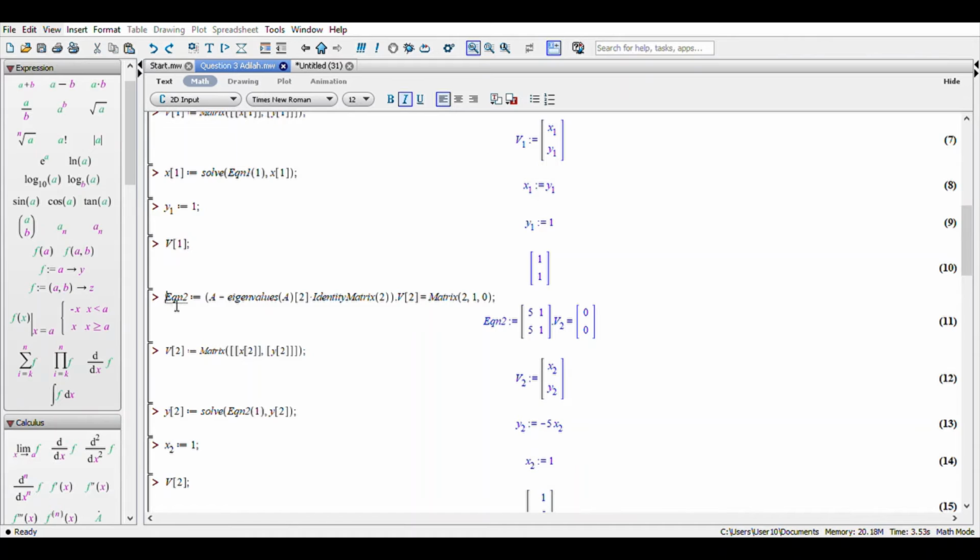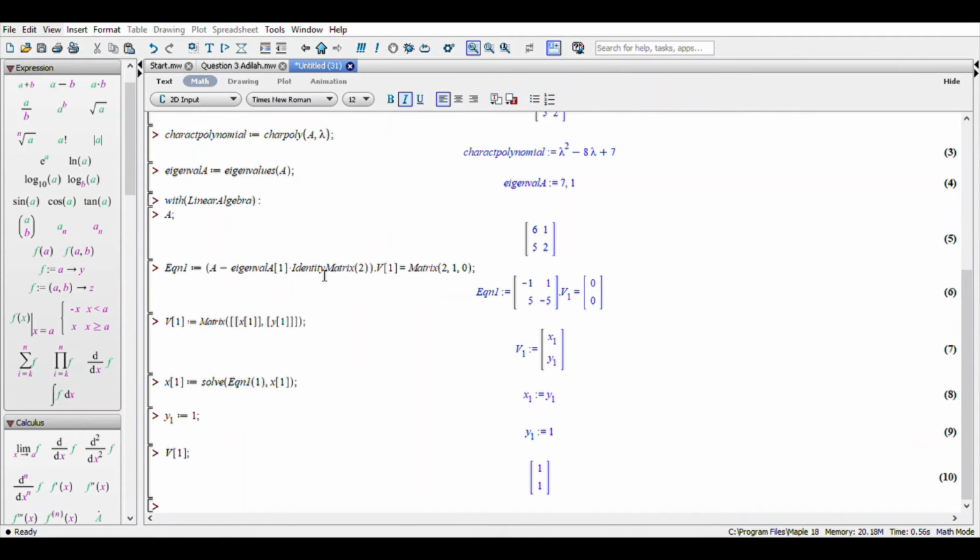Next equation in matrix form for lambda 1.